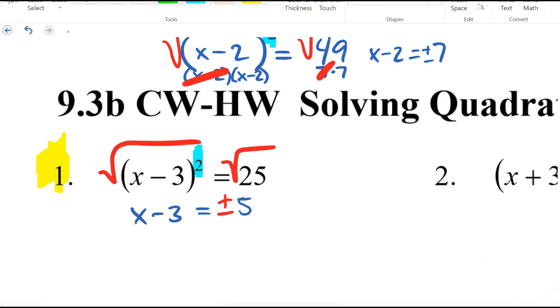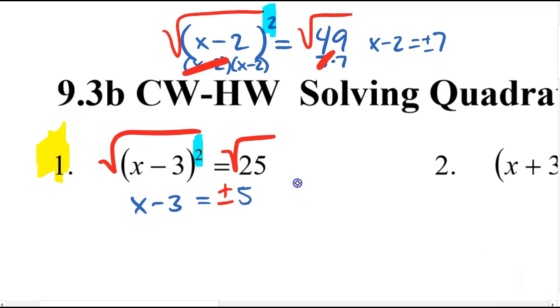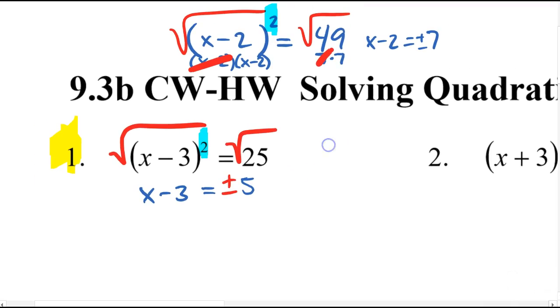Now we want an answer that says x equals, but right now it says x minus 3, so that means we need to get rid of this 3 by adding it to both sides. And that cancels out that 3. And then we're going to end up with 2 answers. Why? Because we have a plus 5 and a negative 5 that we need to add to 3. So the first answer is going to be the positive 5 plus 3, which is 8, comma, and the second answer would be negative 5 plus 3, which is negative 2.